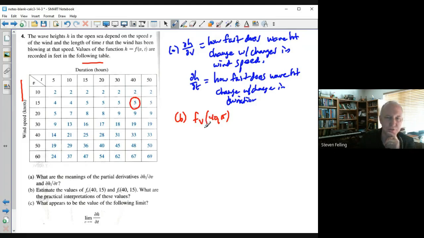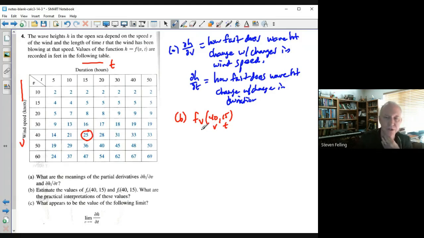So we're going to change in the V direction. Is this the right place? Nope, I have that reversed. This is the V and this is the T. So we need to go to V is 40, T is 15. Here's the spot.